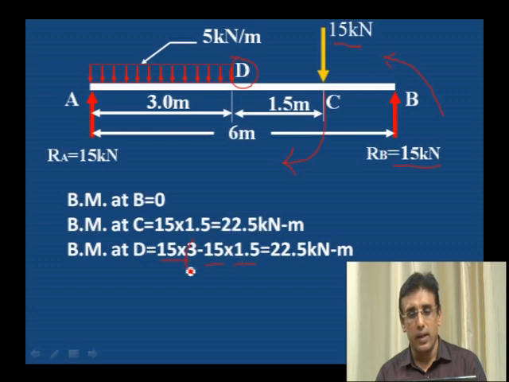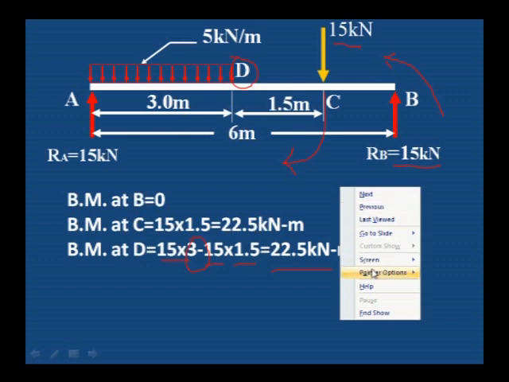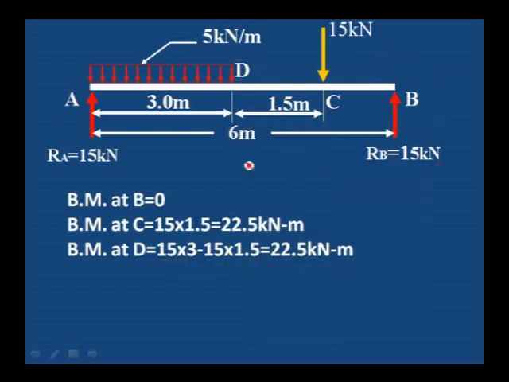Here we take it as minus, because this 15 kilonewton produces a clockwise moment. Therefore the value of bending moment at D is 22.5 kilonewton meter. Next, bending moment at A is 0. We have the values at the salient points A, D, C, B.